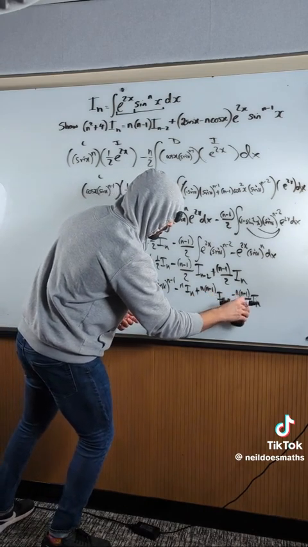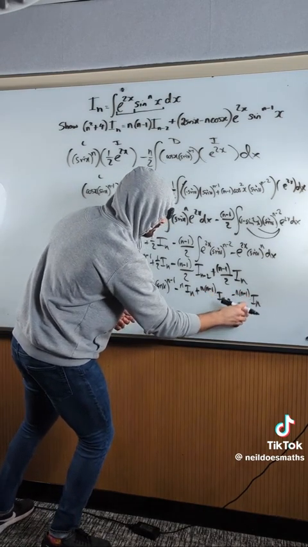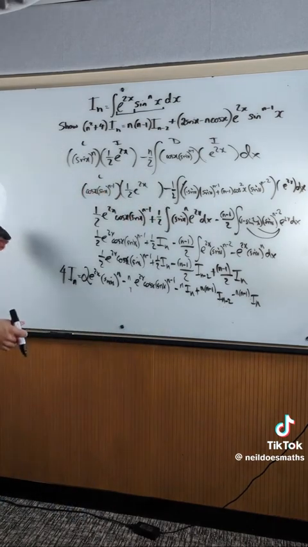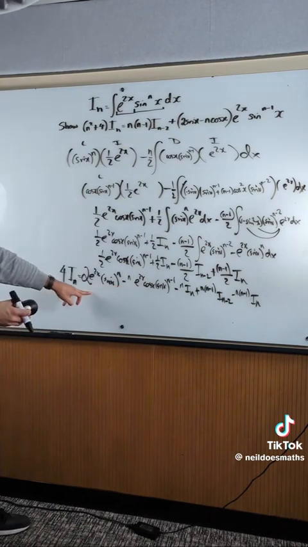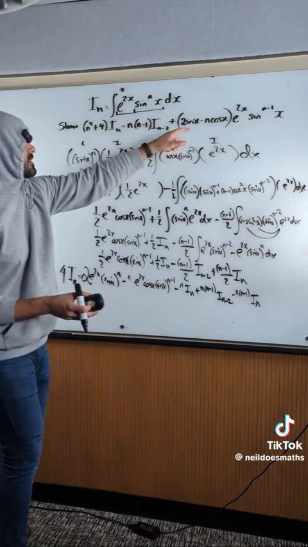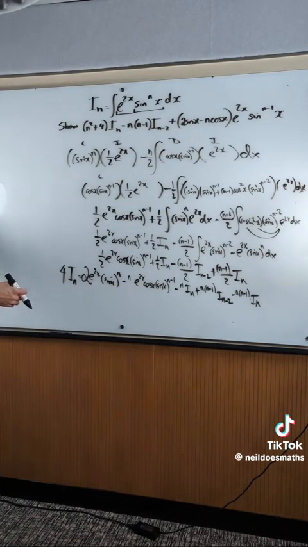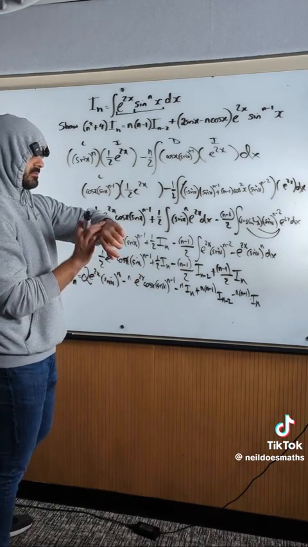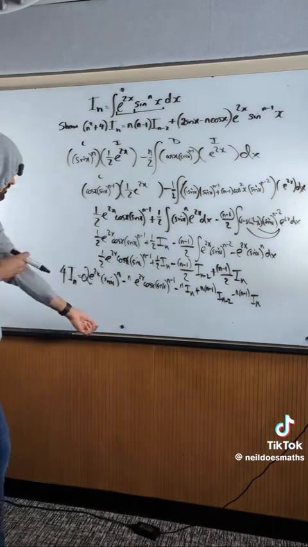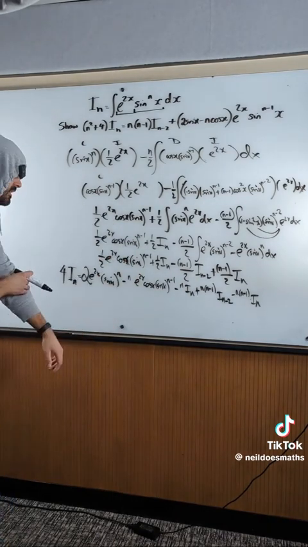Times everything by 4. This is calm. This is what it is. In fact, that's probably going to give me something like this. I'll double check in a second. It's bringing all these Ians together. Now look, that matches up. Calm. What's the time? Oh God. I got somewhere to be, bro.